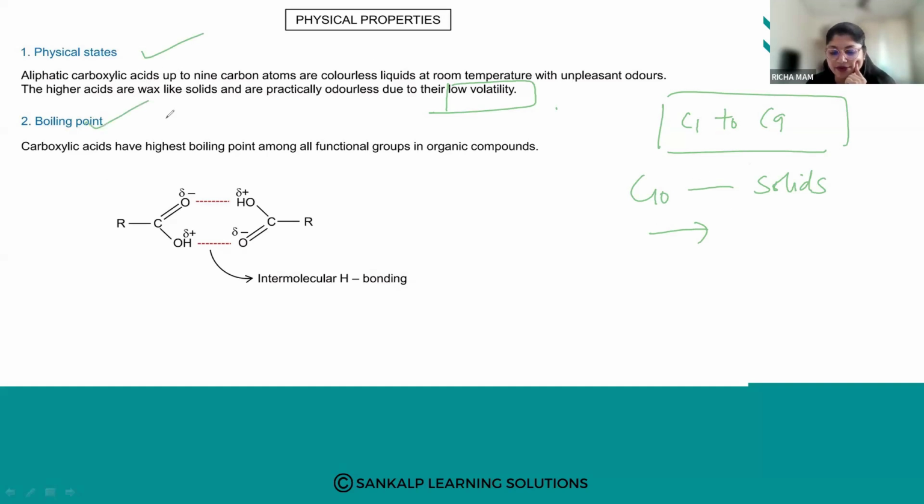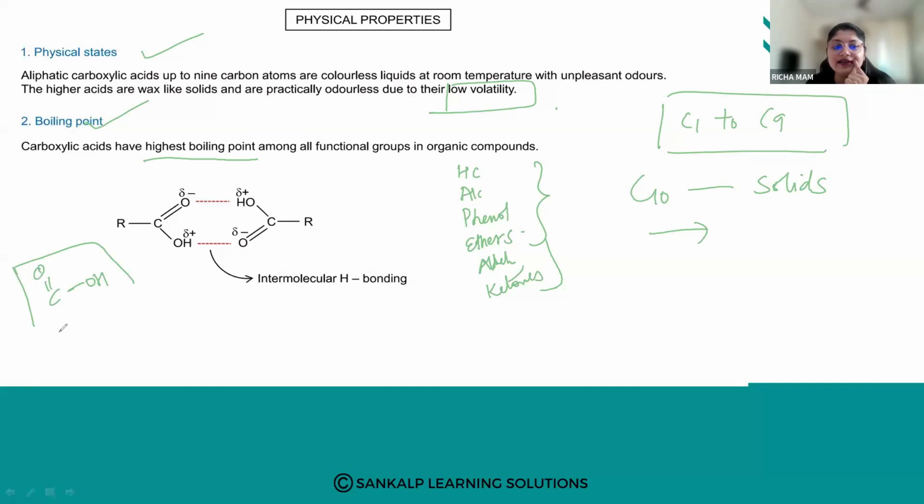Next is boiling point. Carboxylic acids have the highest boiling point among all the functional groups in organic compounds. As we have seen hydrocarbons, alcohols, phenols, ethers, aldehydes and ketones, of all these functional groups, the carboxylic acid group has the highest boiling point.